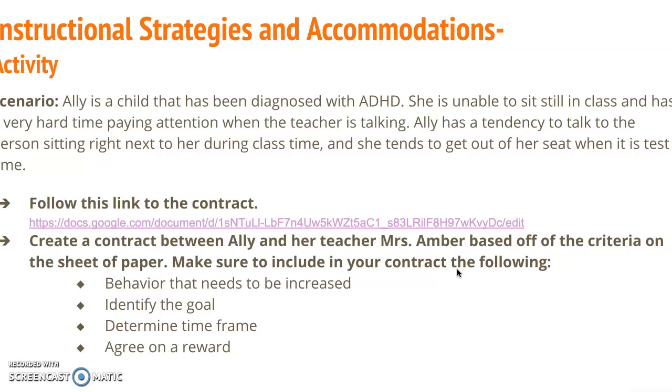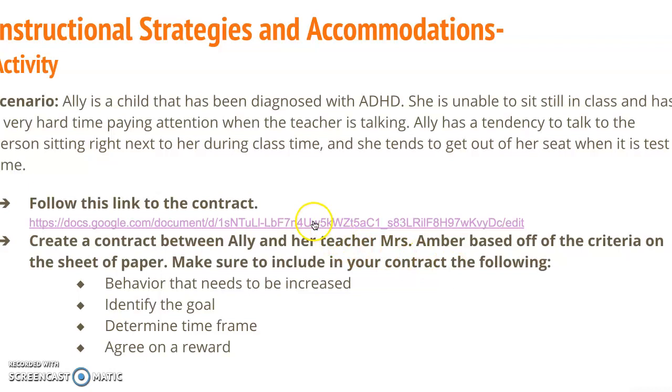What does the student want to do by the end time? Then determine your time frame. When does this start and when does this end? When does the child start trying to reach the goal and when is the goal supposed to be met? Then agree on a reward. If the child meets this goal, what are you going to give them?